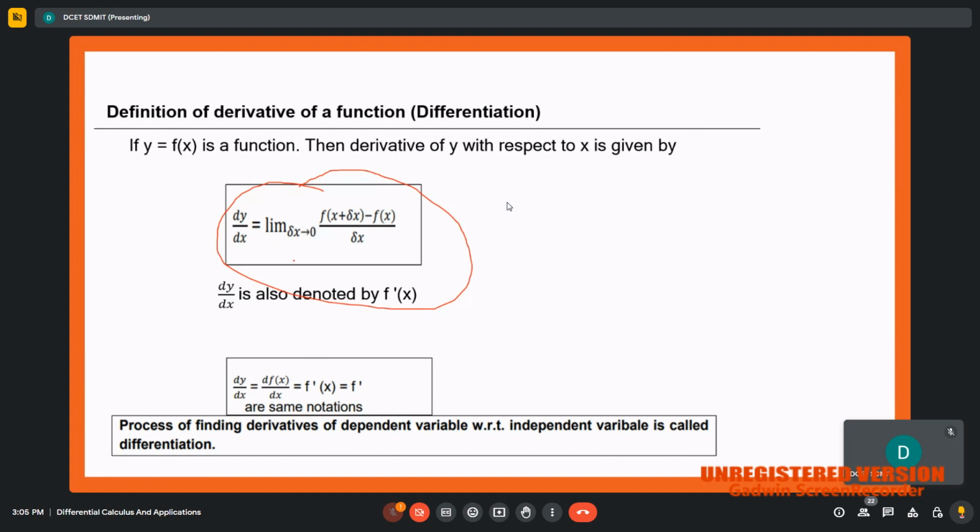This is the definition of the differential or derivative. dy by dx is also denoted by f dash of x. We can also write d by dx of f of x in the form f dash of x, or simply f dash.